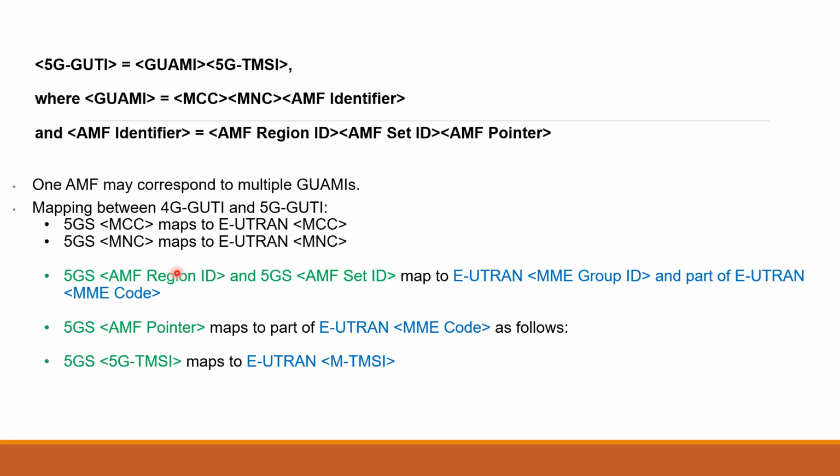The 5G AMF region ID and AMF set ID are basically mapped to your MME group ID and your MME code. One part of the MME code becomes your AMF pointer, and one part of your MME code becomes your AMF set ID. And your 5G TMSI maps to your M-TMSI in 4G.